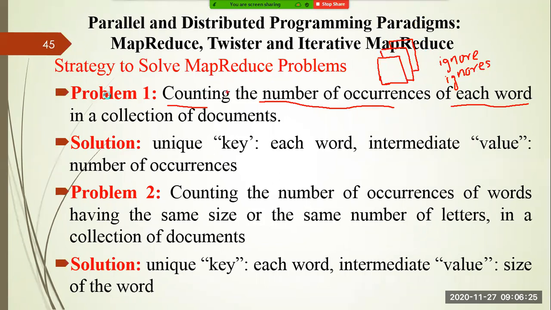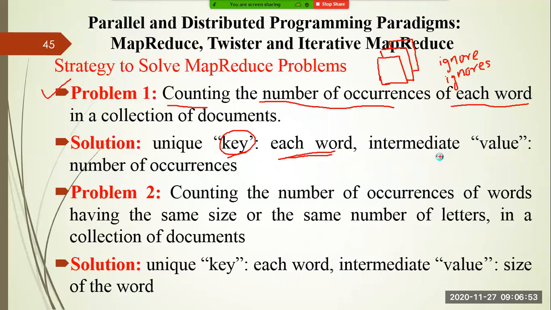So if this is the problem, already we solved this particular problem. How have we solved it? We have considered the unique key as each word. Each and every word, ignore is a unique key, and ignores is also a unique key. So we have taken as key each and every individual word present in these documents. What is the intermediate value?